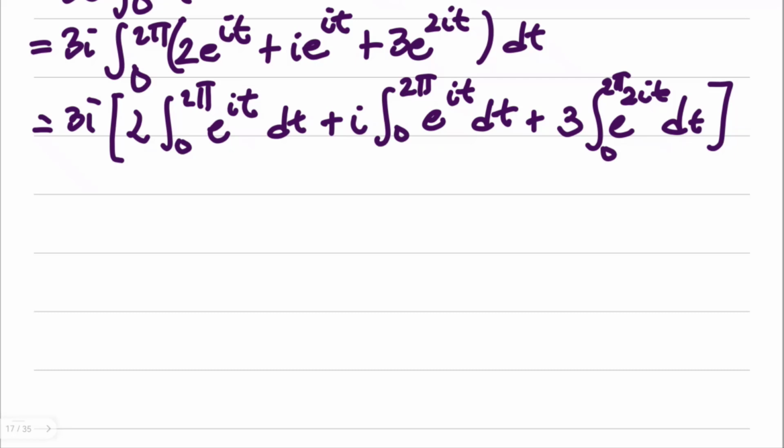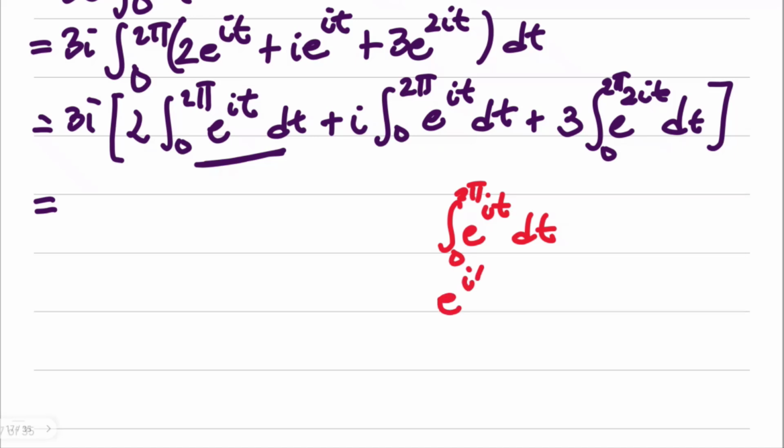Now, before we continue, there is one thing I would like to emphasize here. Even without adding necessary constants for us to integrate the three integrals here, allow me to focus on this. The integral of e to the power of it dt from 0 to 2 pi, without fixing it to be e to the u du, I would like to focus on the equivalent form of e to the power of it.